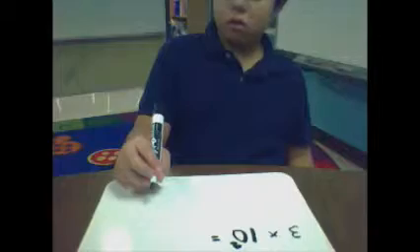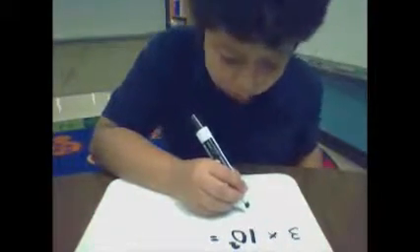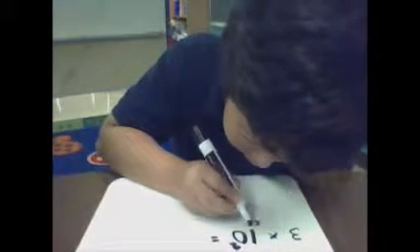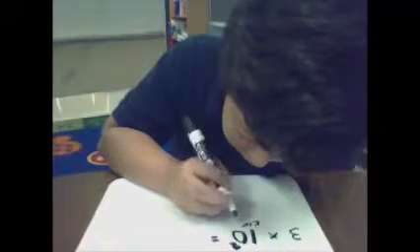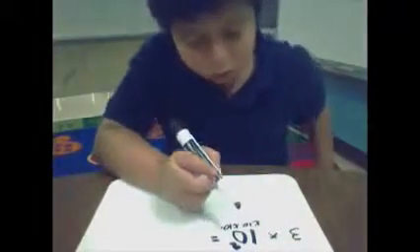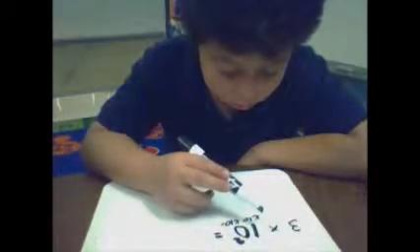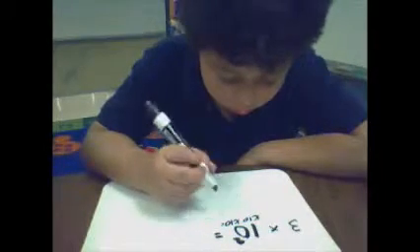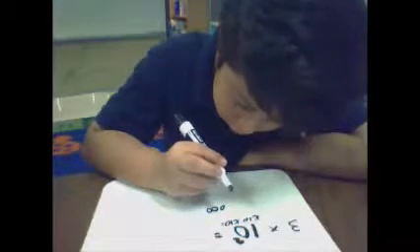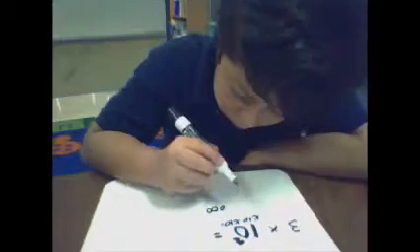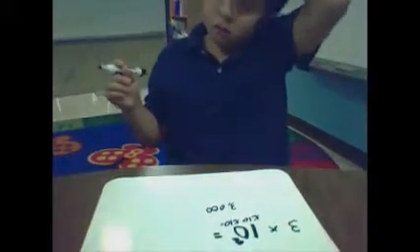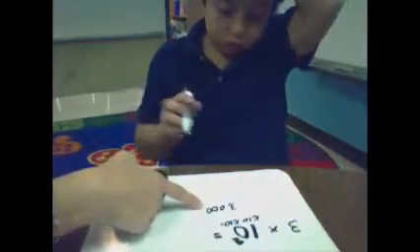Remember the relationship between the zeros. $3,000. Why are there 3 zeros now? Because you add these zeros.